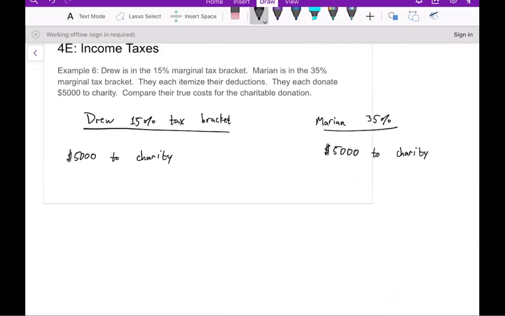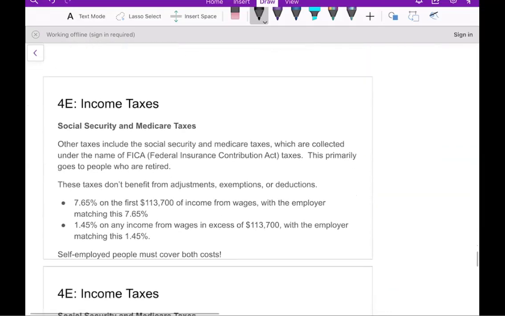What would actually happen here, and we can't really do this without knowing their actual income, is that the $5,000 to charity for the 15% tax bracket would actually be worth less than to the person who's in the bigger tax bracket, because they're going to be paying less money on whatever's remaining. All right, so that's sort of the key to keep in mind there.